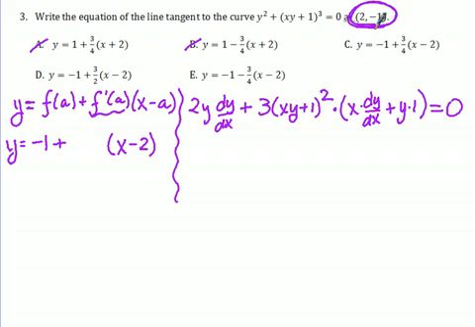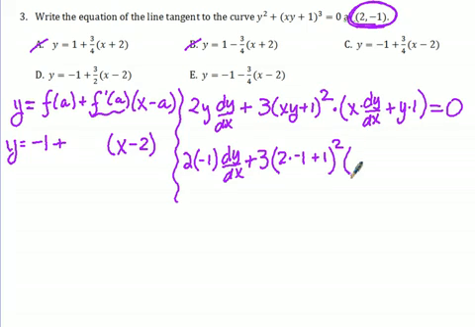Once we've done a derivative, we can plug those numbers in, which should make our work a little bit easier. Y is equal to -1, so 2y is -2. We don't know what dy dx is. That's what we're looking for. Plus 3 times (2 times -1 plus 1) squared times, let's see, x is 2 dy dx plus y, which is -1.